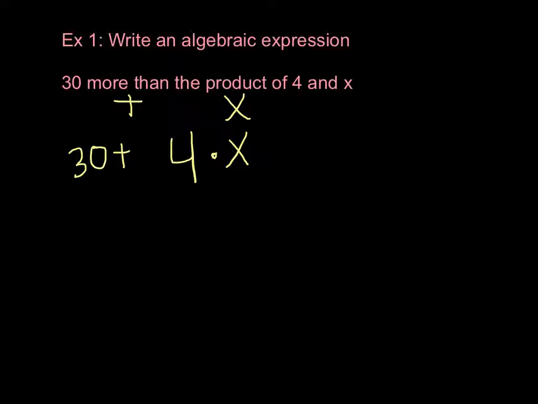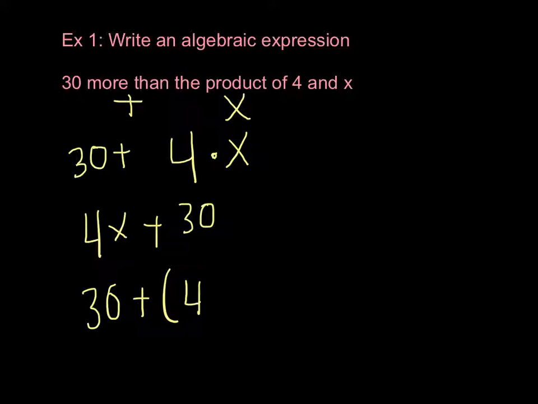Okay, the problem I have here is that I kind of want to move it around. This is fine because according to my order of operations, you would do 4 times x and then add 30. But another way I could write this is 4x plus 30. Another way I could write this is 30 plus 4 times x in parentheses.